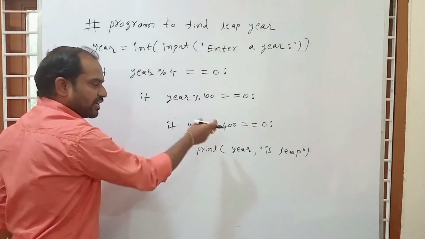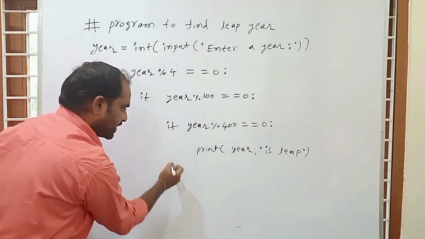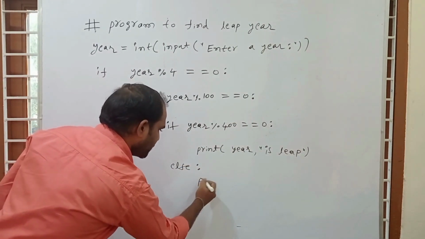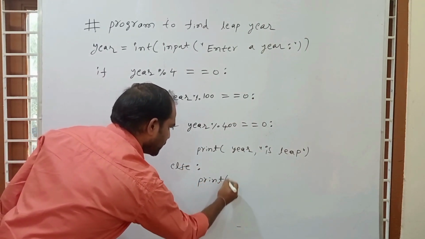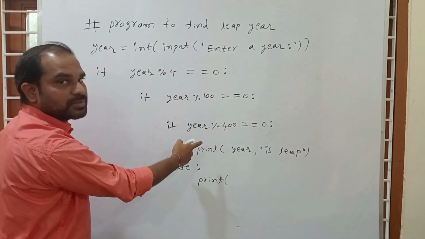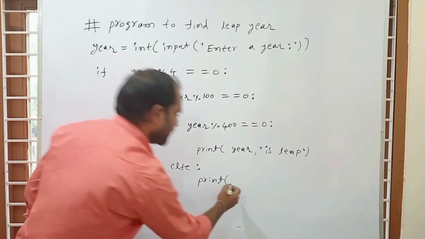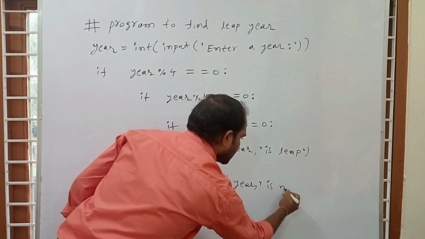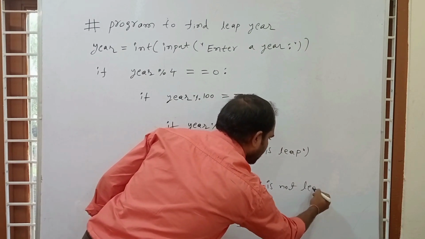So if this is not satisfied, then under this if, write else. What can we print? Print. If it is not divisible by 400, it is a century year. It is not divisible by 400, so it is not a leap year. So then print year is not leap.